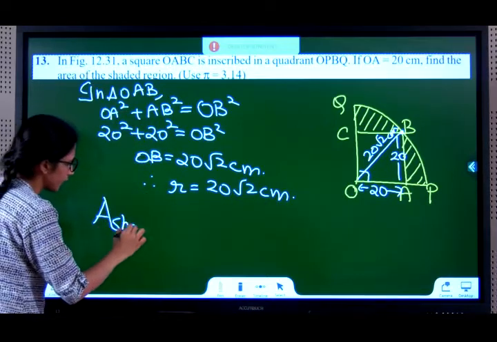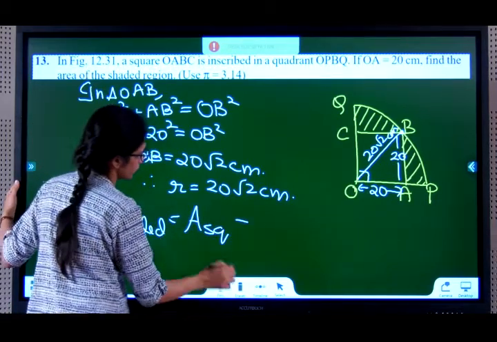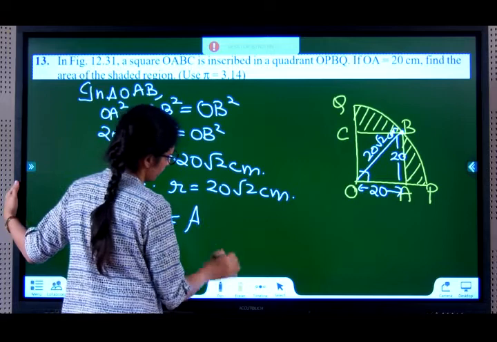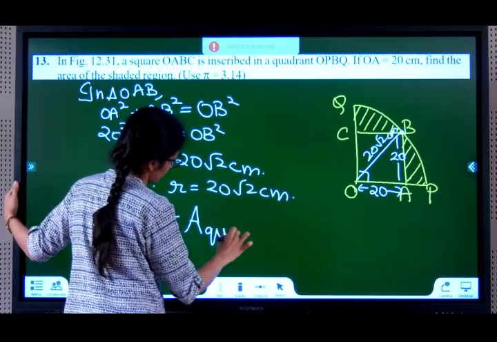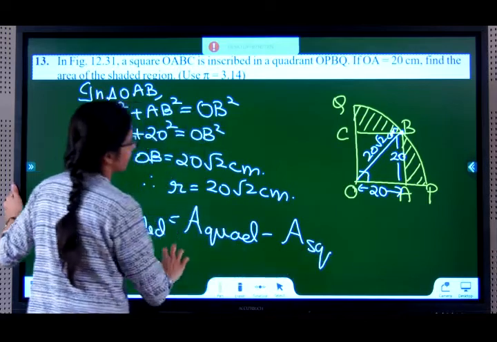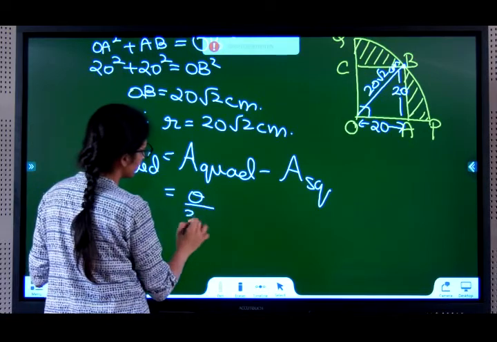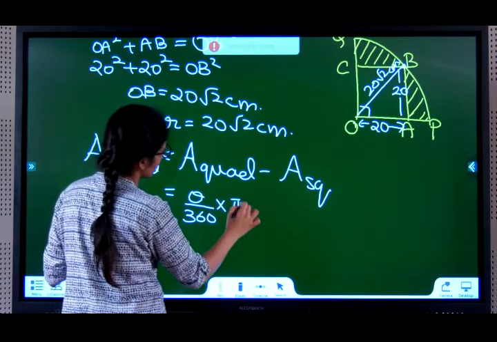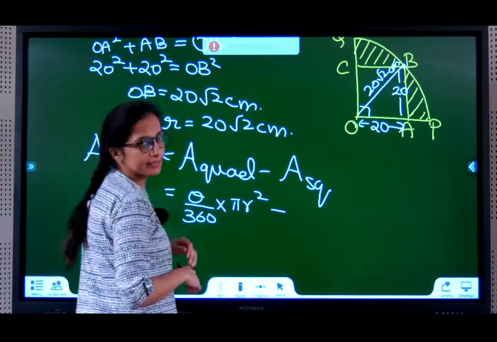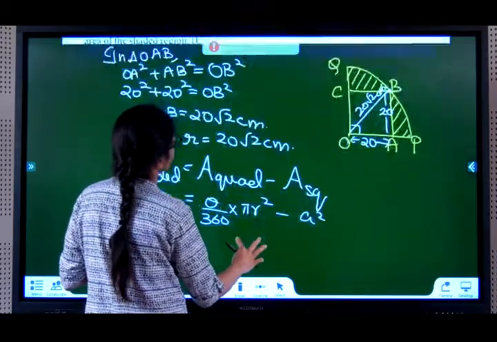Area of shaded region is equal to area of quadrant minus area of square. Area of quadrant theta by 360 into pi r square minus area of square is a square. Have they told to take pi as 3.14?